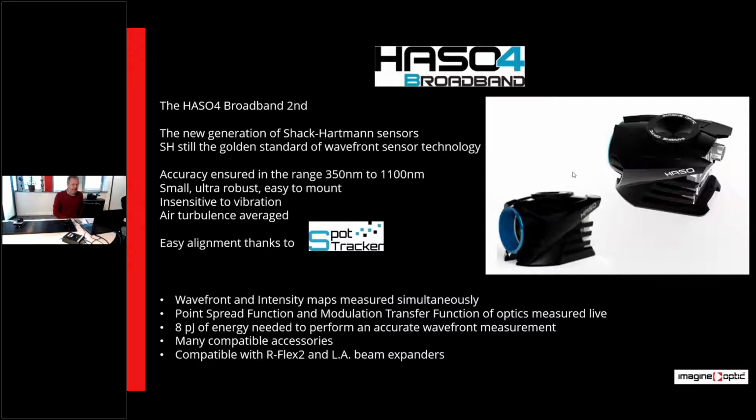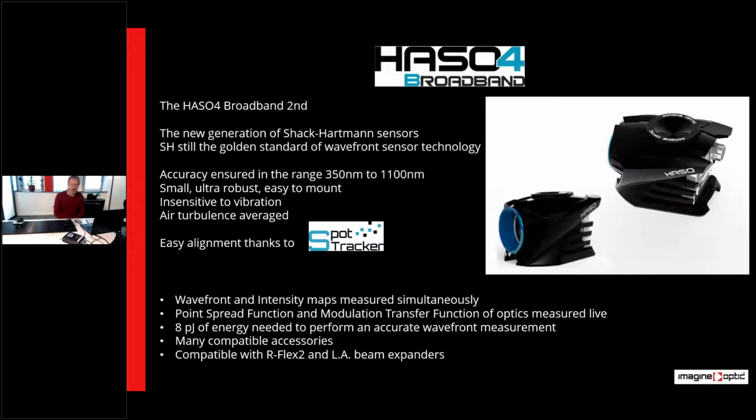For the people who don't know us, we use the Shack-Hartmann technology. You have to keep in mind that Shack-Hartmann technology is still the gold standard in wavefront sensing. As we measure wavefront and intensity maps simultaneously, it's possible to calculate point spread function and modulation transfer function live.